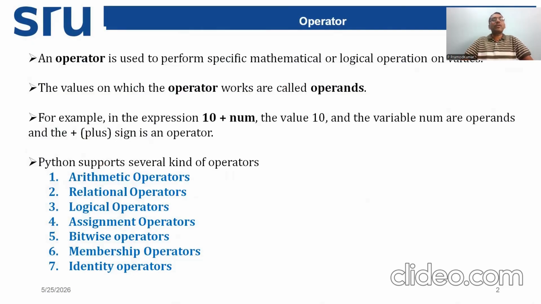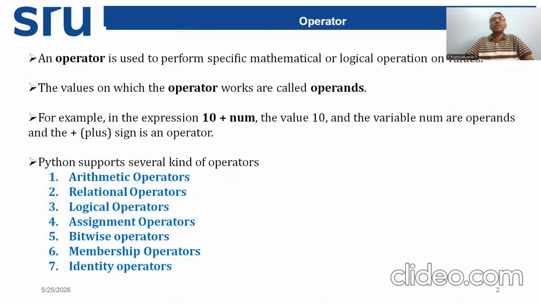Basically, an operator is a symbol which performs certain mathematical or logical operations. Once any symbol is placed either in between two values, or prior to a value, or among certain values, some specific operation will proceed. As I said, that specific operation can be a mathematical or logical operation.